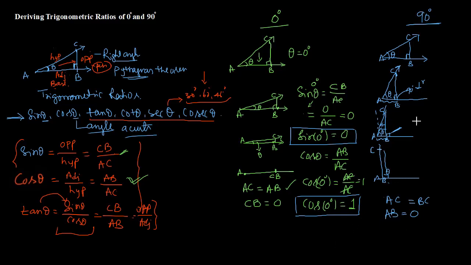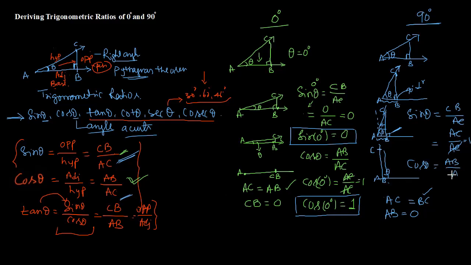Now if I write the same thing, sin theta will be equal to CB by AC, according to the ratio we have written. So here, CB and AC, or BC and AC, are the same. So I can substitute one of them. That will be 1. And cos theta is AB by AC.